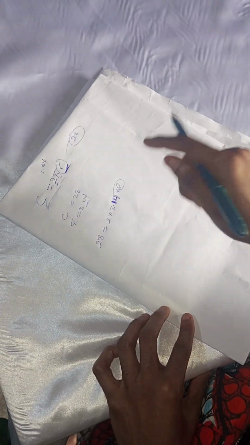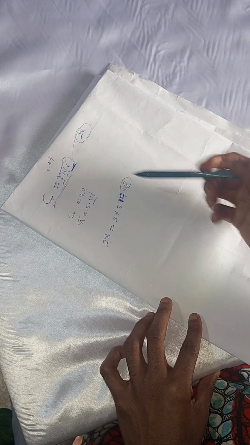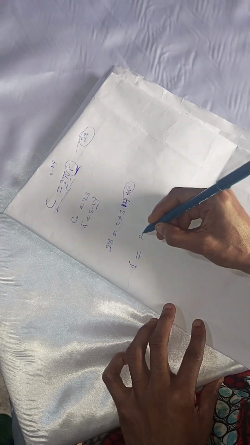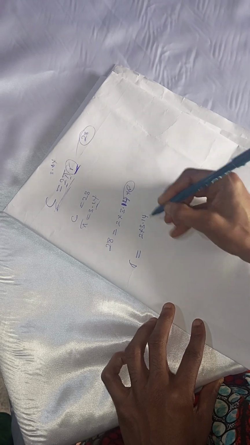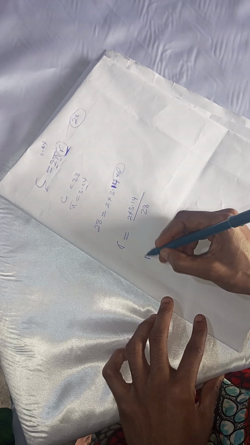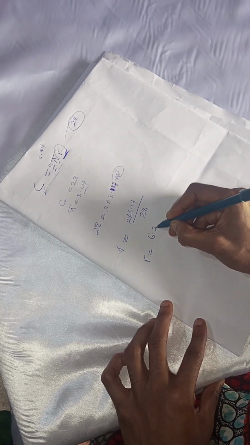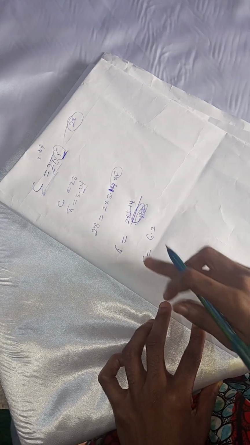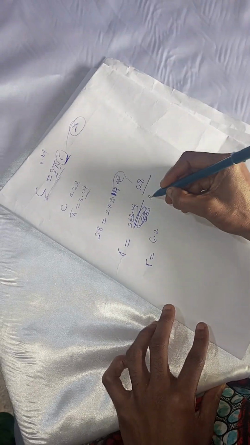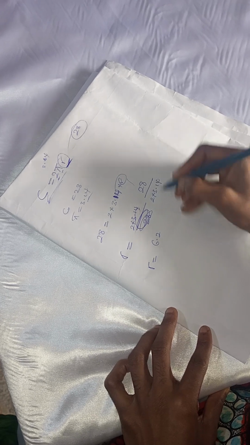Because we don't know this r, and the r is what we are looking for, we are going to make r the subject of the formula. So r is going to equal C, the circumference, which is 28, all over 2 multiplied by 3.14.